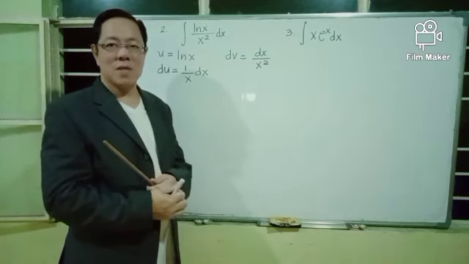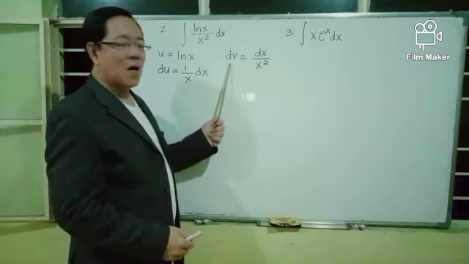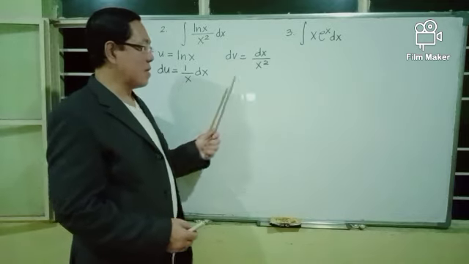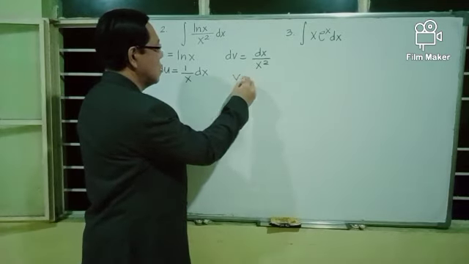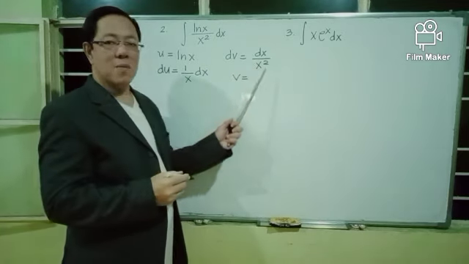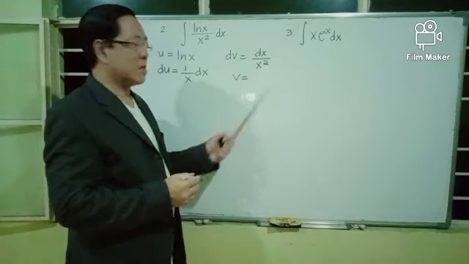We integrate both sides. The integral of dv is v, which equals the integral of dx over x squared.